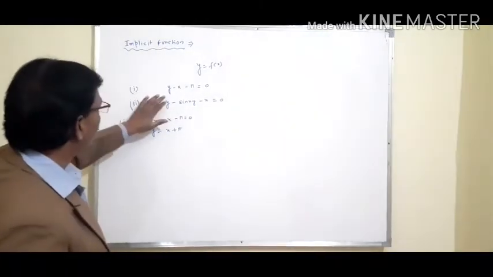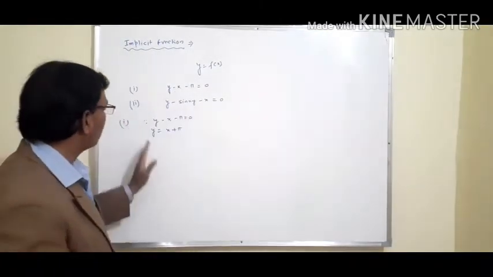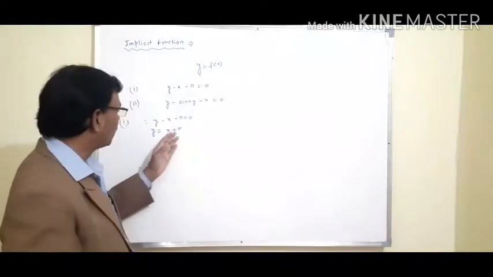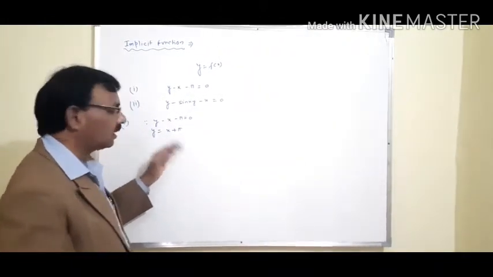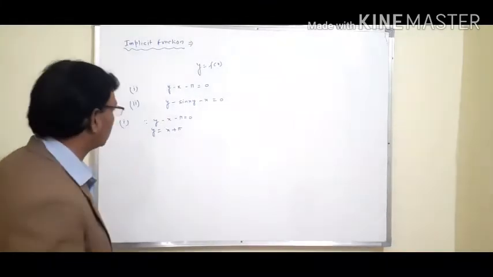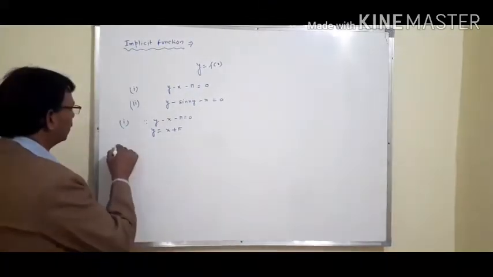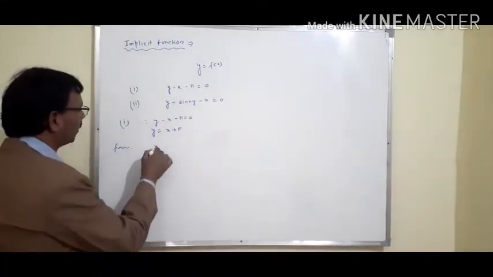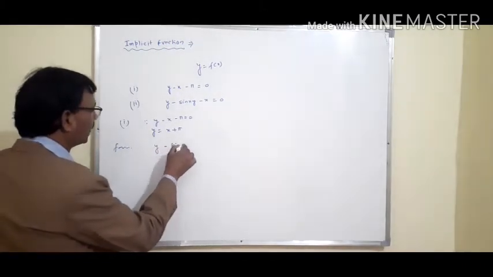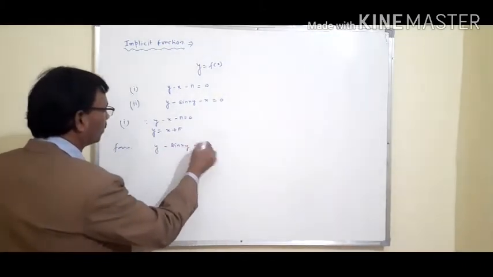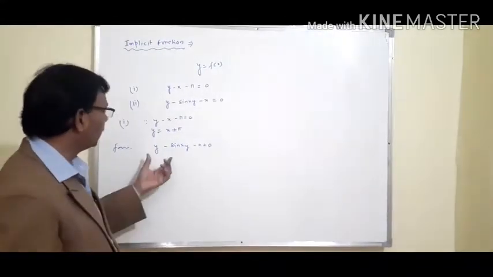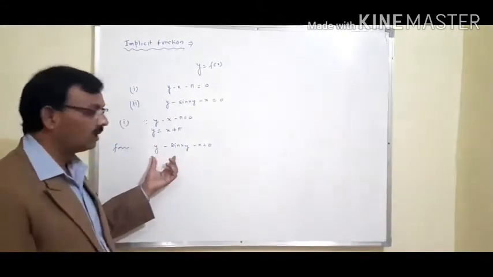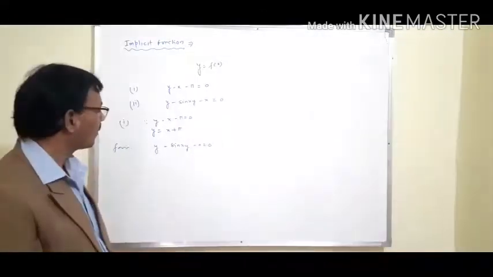To convert the first type of function to y equal to x plus pi, that means we can find the value of y in terms of x. But from the second, y minus sine of xy minus x equal to 0, this is not so simple that we can find the value of y in terms of x.